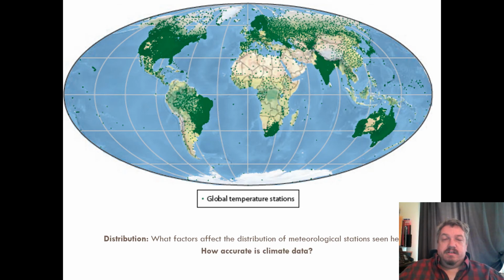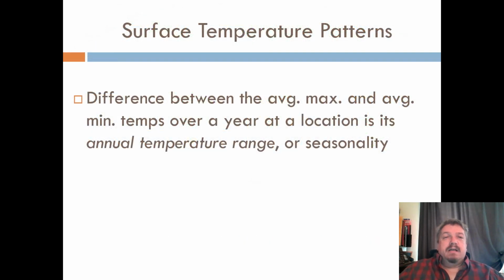So, surface temperature patterns. Every place on Earth has a seasonality. There is a hottest day of the year and a coldest day of the year. And the difference between those temperatures, that range, is seasonality. So normally what we do is we look at, say, Chicago, and what is the average maximum temperature in the last 50 years.